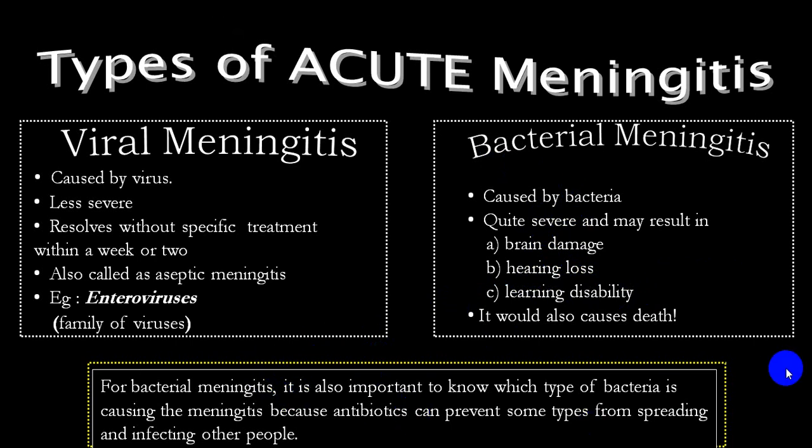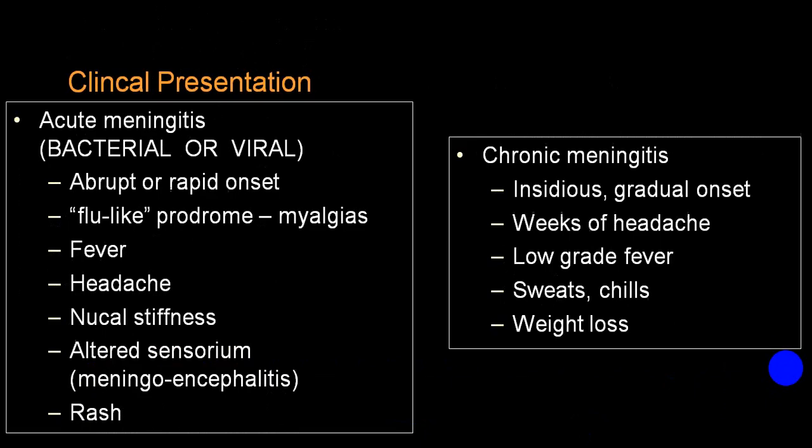So we should pick up those cases and make an early diagnosis. In acute meningitis, particularly viral and bacterial meningitis, flu-like symptoms will be more common with viral. But a person with bacterial meningitis will have a high-grade fever, severe headache, and altered level of consciousness will be very early. In viral, rash will be more common.